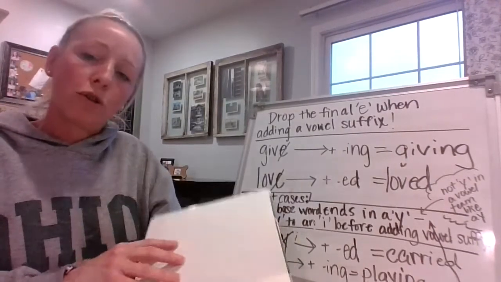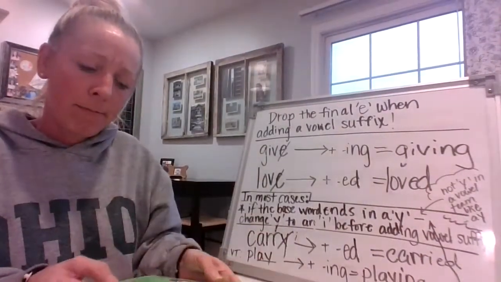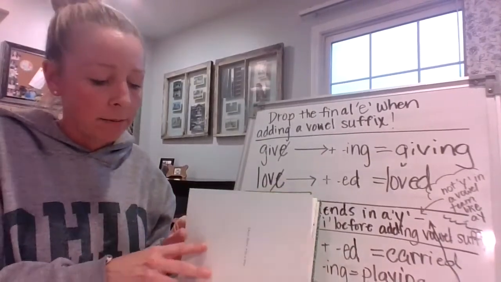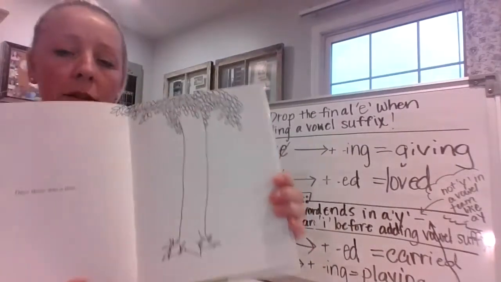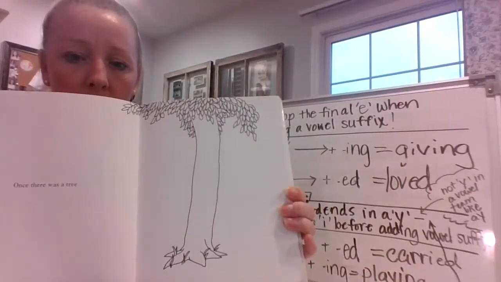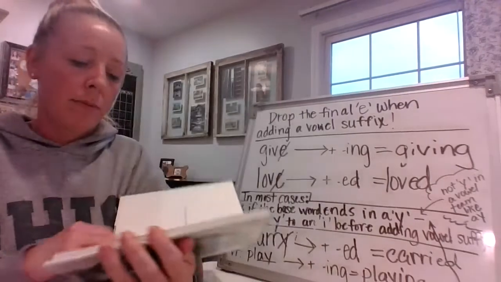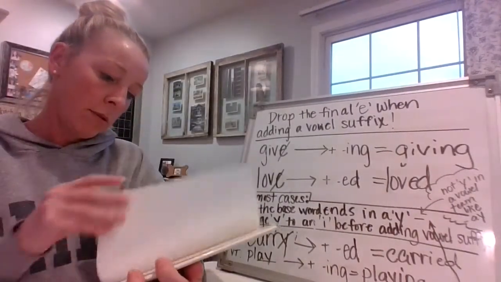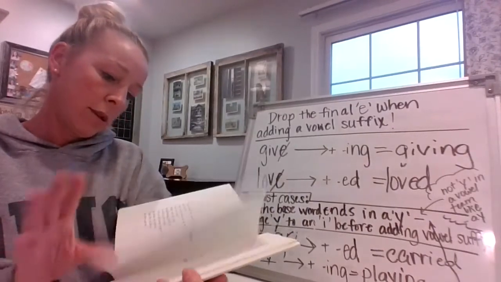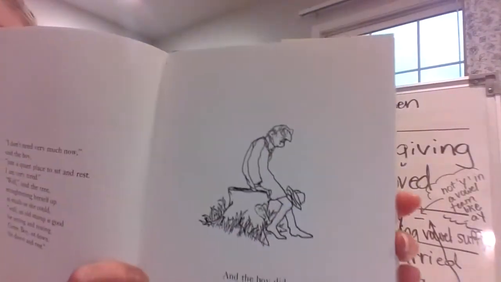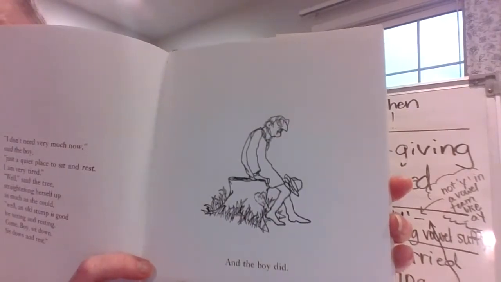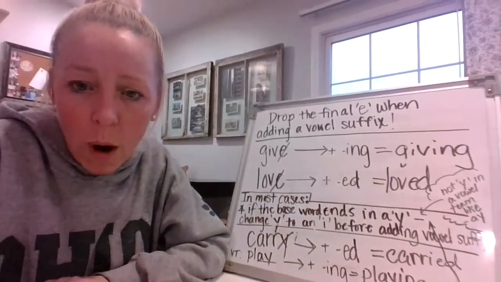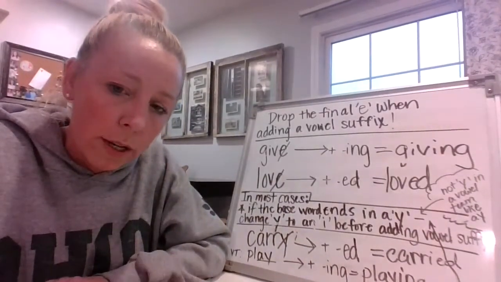Why do you think the tree was happy? What do you think, guys? The tree went from this in the beginning to this in the end, yet it's still happy. Why do you think the tree is still happy?